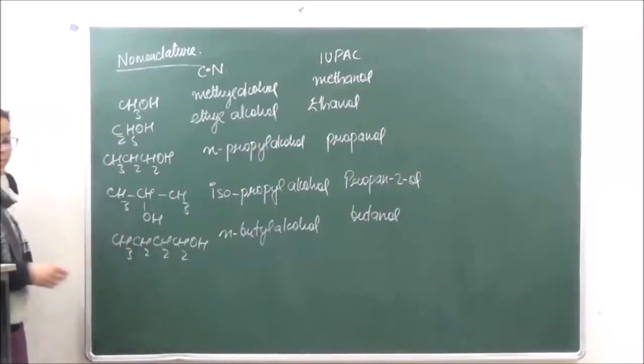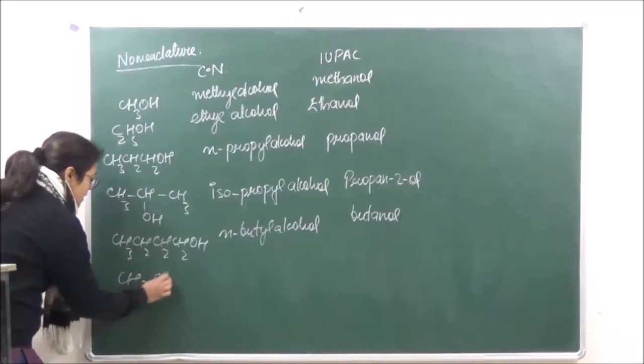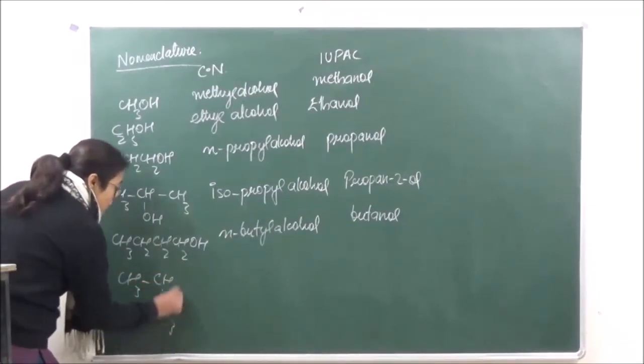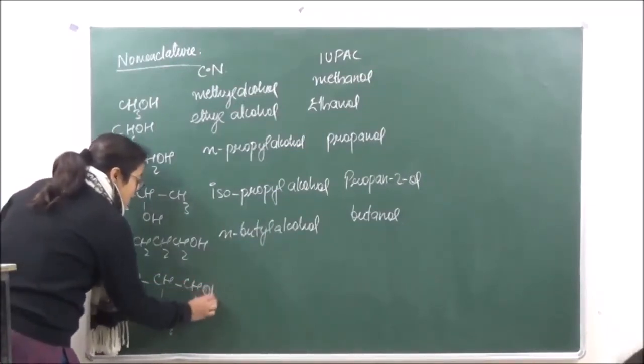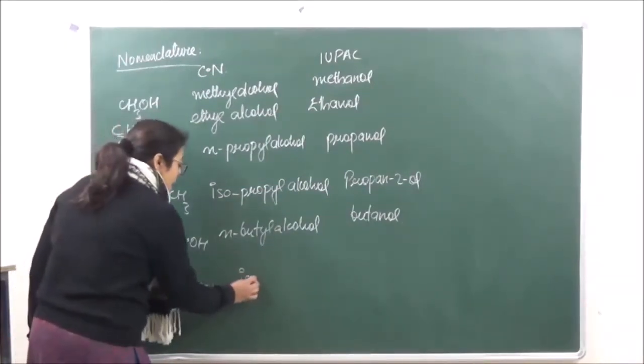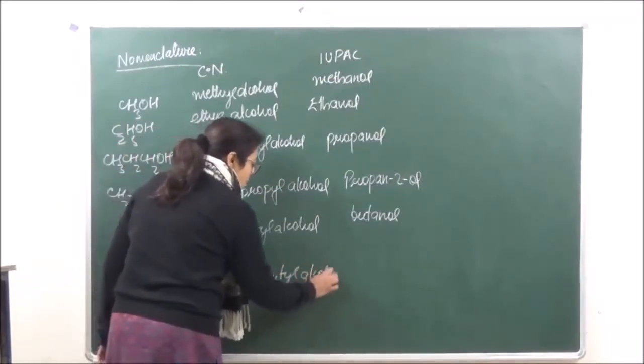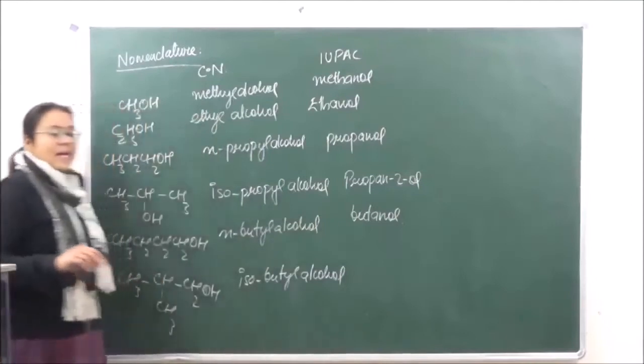But if we change the position over here, we have CH3, CH, CH3, CH2OH. Then this is going to be known as isobutyl alcohol.